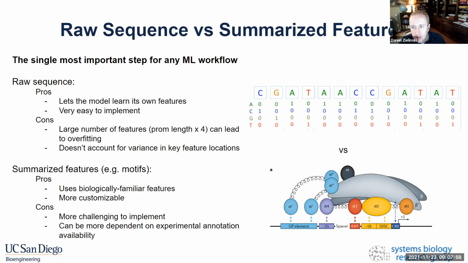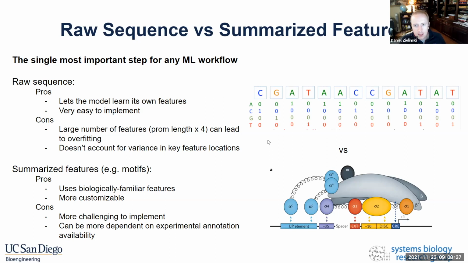But these kinds of models are also very vulnerable to overfitting, because you've taken your sequence, which is already a lot of features. Your promoter region is like 100 base pairs, let's say. So for one promoter, you have 100 variables already, and now you've expanded into 400. So I mean, you're not making it easy for your model to not be overfit.